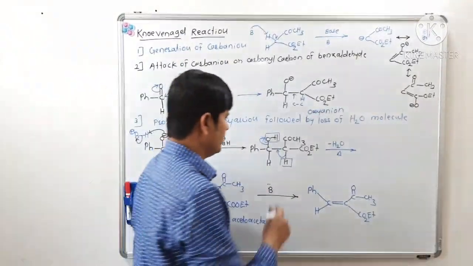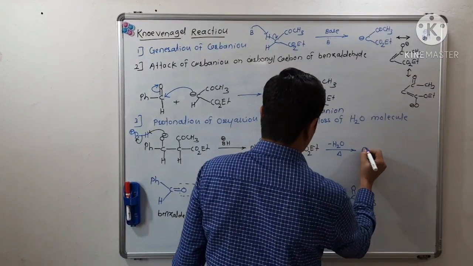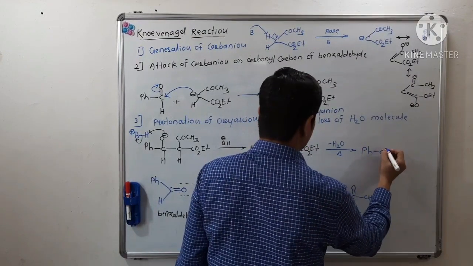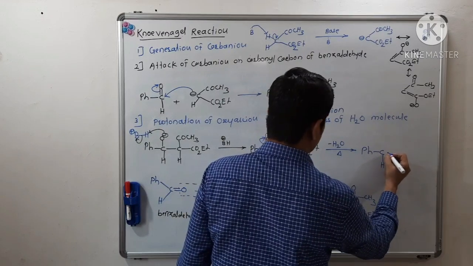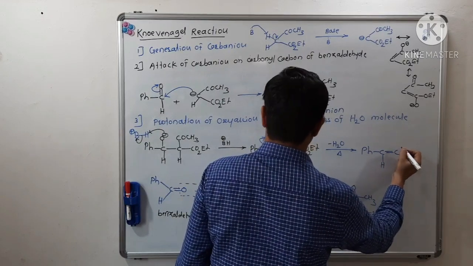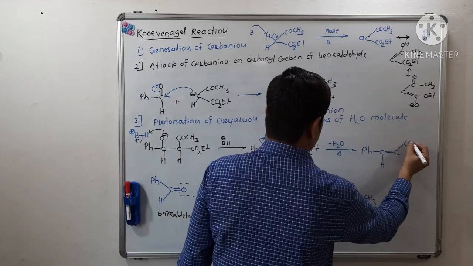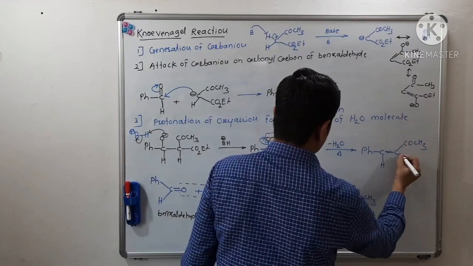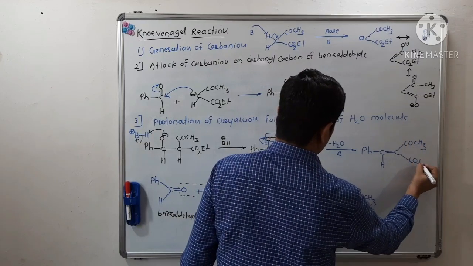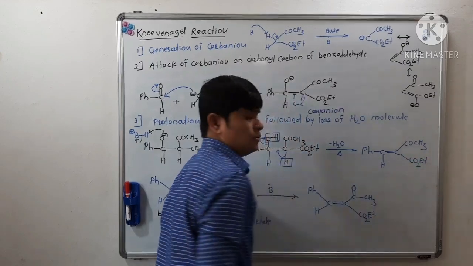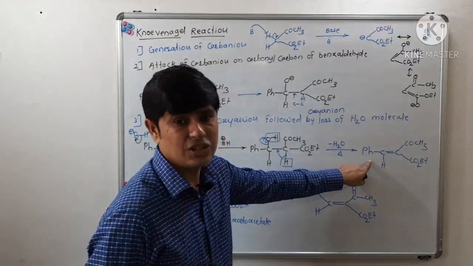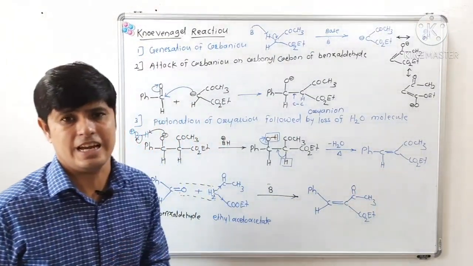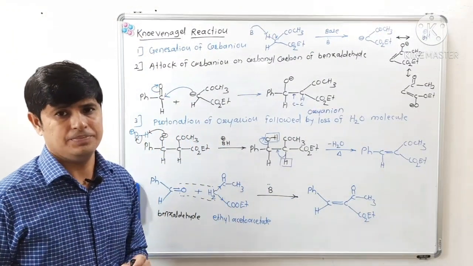They will be lost as a water molecule, and there will be a formation of PhCH double bond C, COCH3, CO2Et. So this is the condensation product of this reaction, the Knoevenagel reaction.